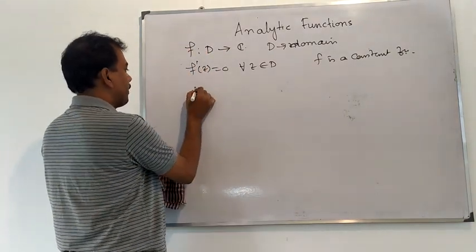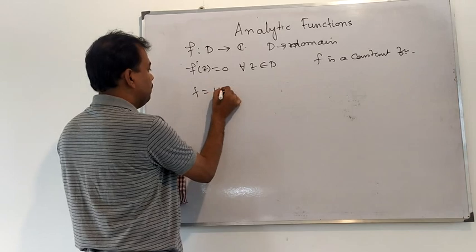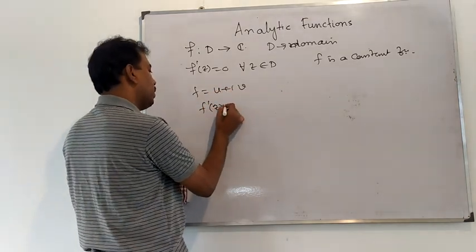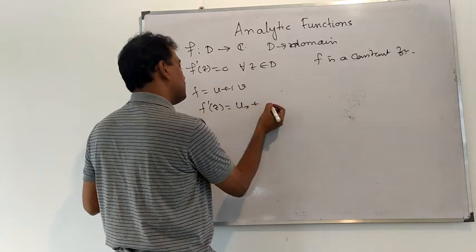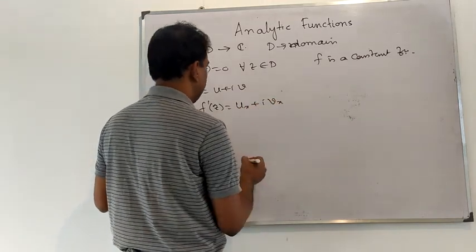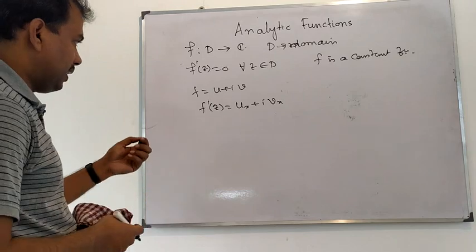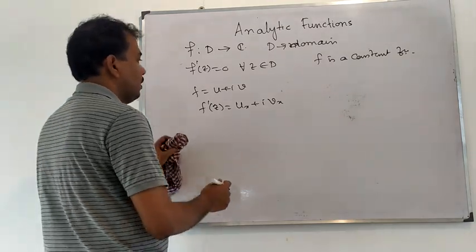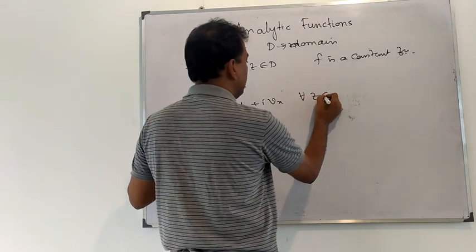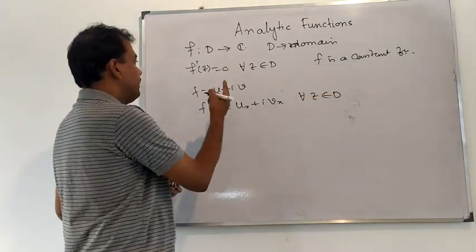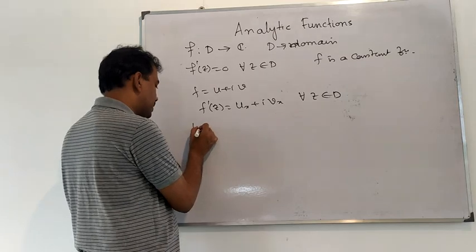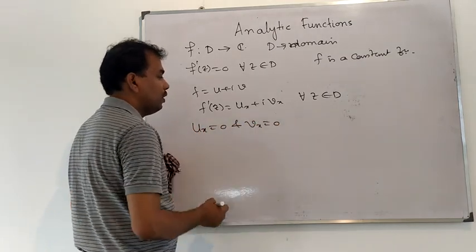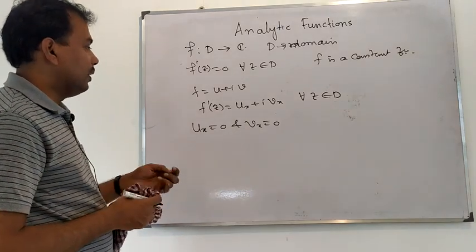We know if f equal to u plus iv, then f'(z) equal to u_x plus i v_x at (x, y), where z equal to x plus iy for all z belonging to D. Since f'(z) equal to 0, so u_x equal to 0 as well as v_x equal to 0 for all (x, y) belonging to D.